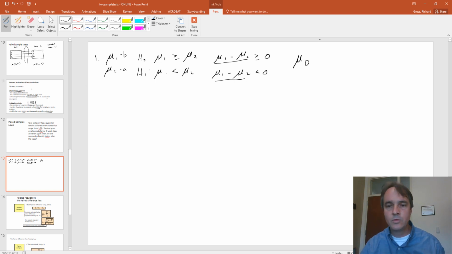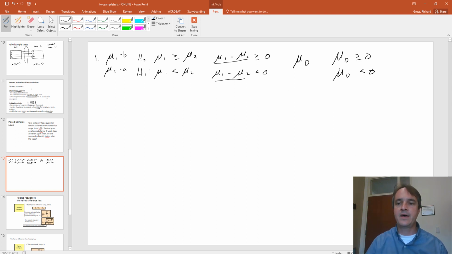So another way of stating these hypotheses would be mu sub d greater than or equal to 0, with the alternative mu sub d less than 0. So we want to see if we can reject the fact that mu sub d is greater than or equal to 0, which would mean that the scores were higher in the first, the pre-test, the test that was administered before the training.